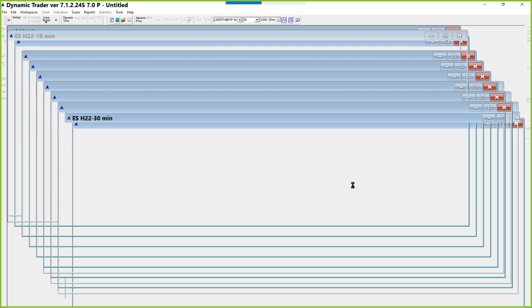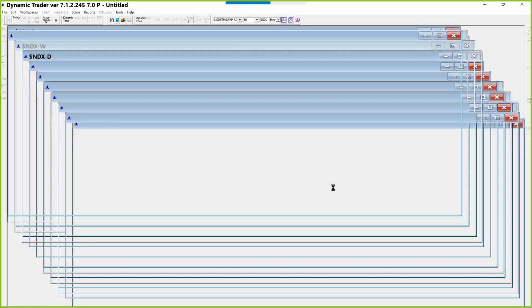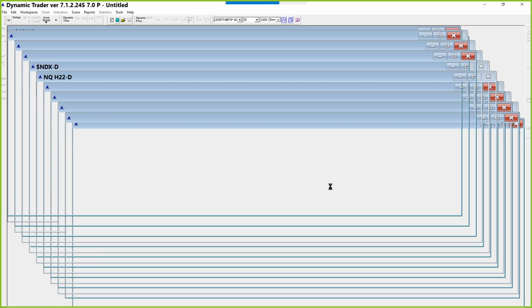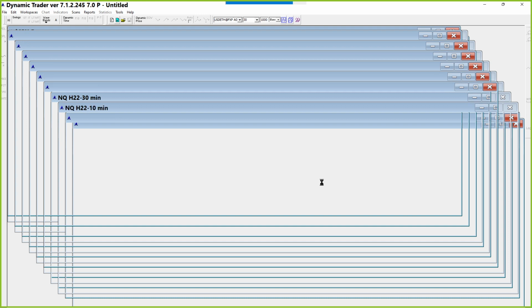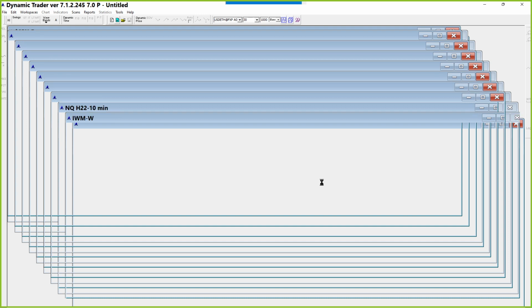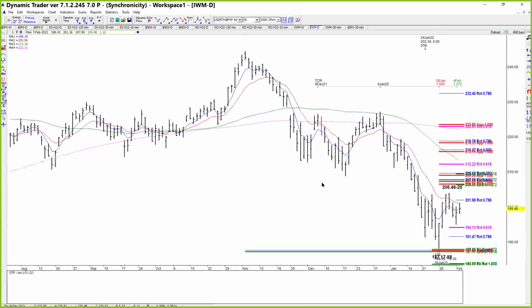I would rather trail up a stop than just book profits because you get to an extension, because you can get to a 1272 extension, book your profits, and then it goes to 2618, and then you're really upset at yourself. I would rather let the market take me out, but again, that's just a suggestion.